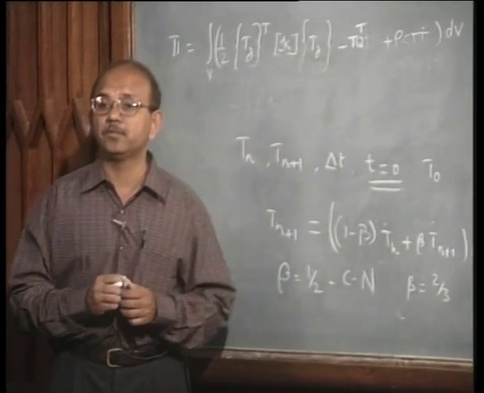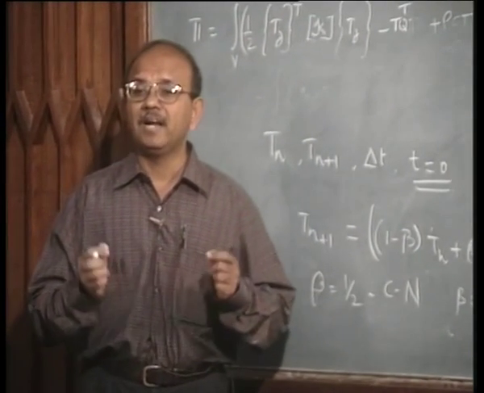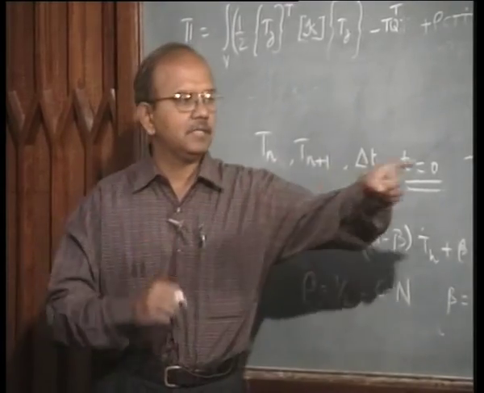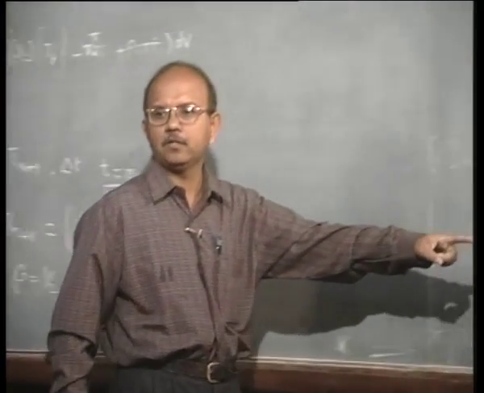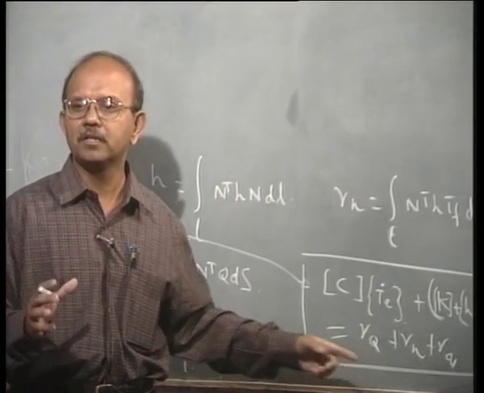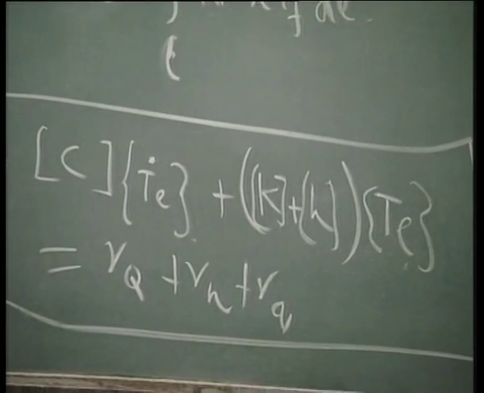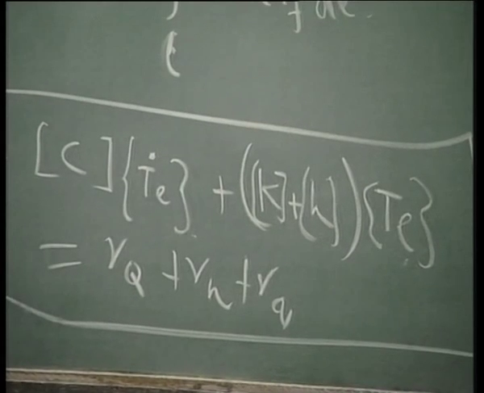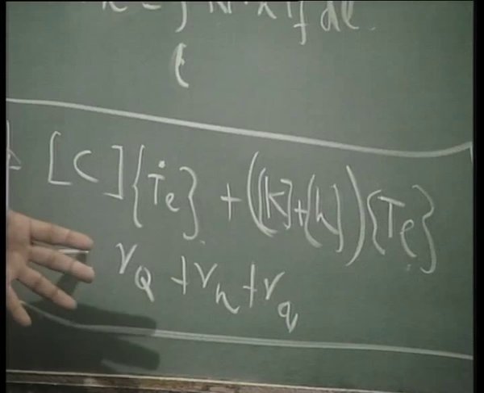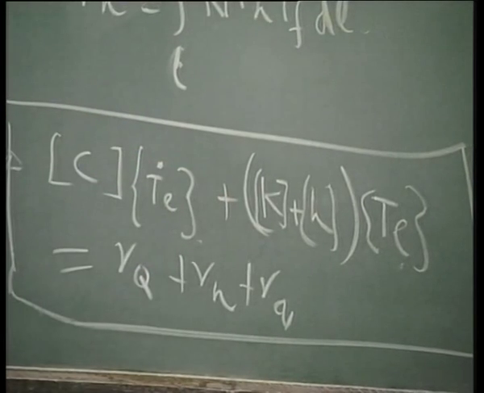Why does that step become important? Please note that at every step I have to solve this equation. At every step I have to reconvert this, solve this equation, get it into a simultaneous equation and keep going. That means the larger the number of steps I have, the more time I am going to take to solve this problem.